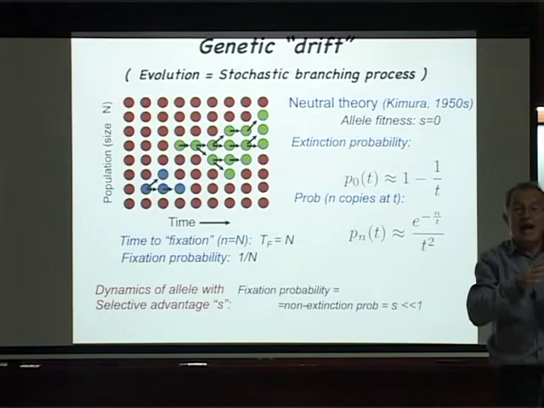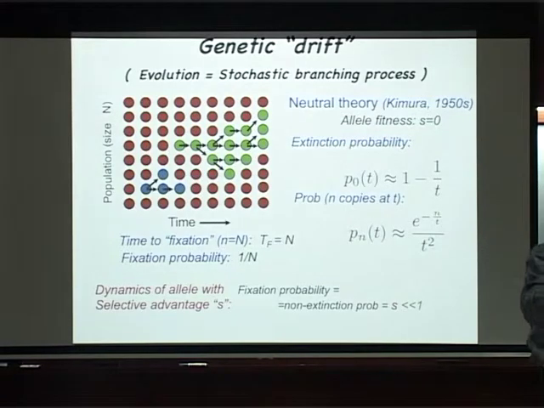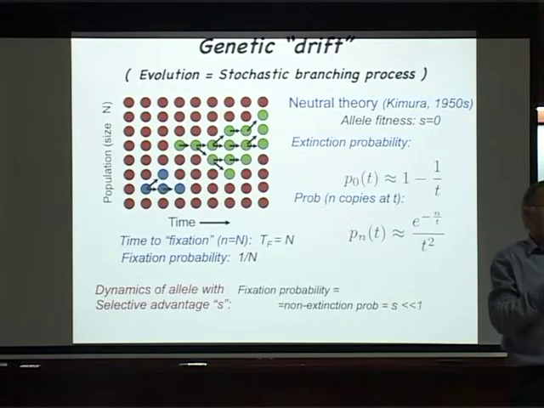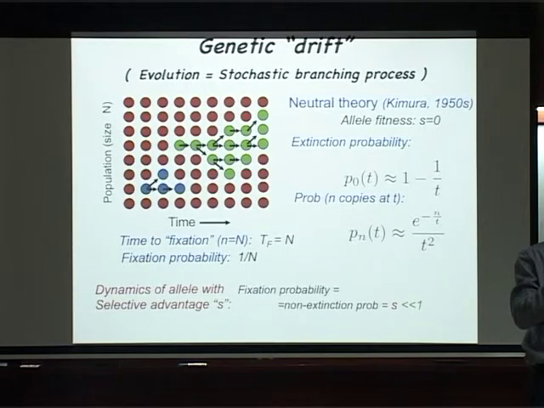So if that happens rapidly enough, if they come into the population not too often and fixate rapidly, you're fairly unlikely to catch one in the act. On the other hand, if a mutation is strongly deleterious, it's going to lose out in the race, and again, you're not going to find it in the population.